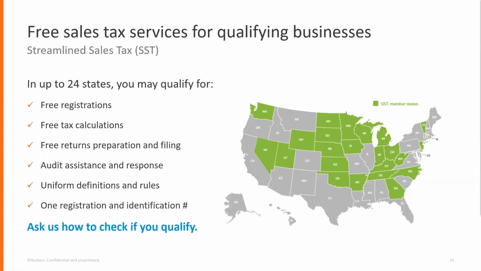And I point that out because it's a huge benefit to folks such as yourselves. Avalara is also one of the few certified providers of this program. That means that this group of states have gone in and looked at everything we do, from a filing calendar to a tax code.